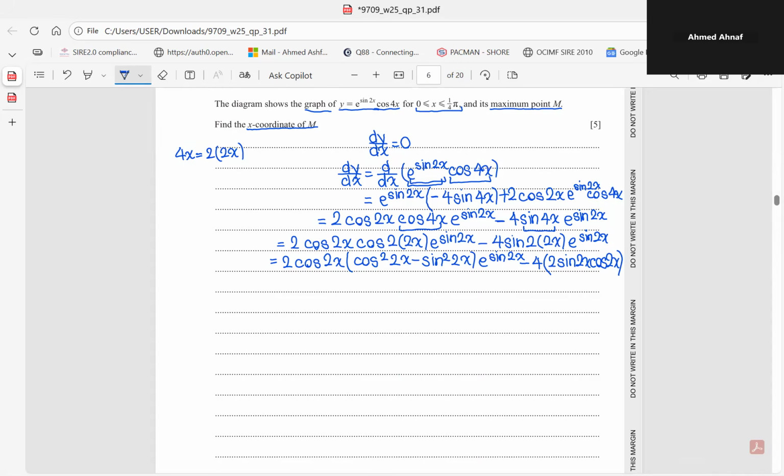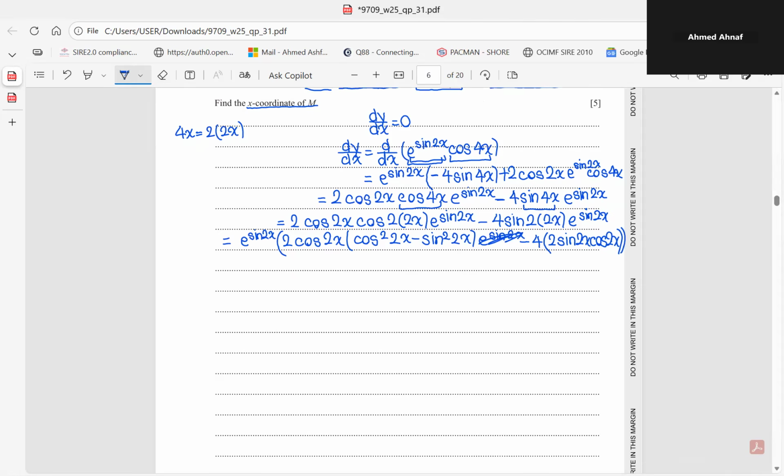Okay, and then for the e to the power of sine 2x, since it's a common factor in both of them, let's just factor it out at this point. So let's see if we can simplify these two expressions. I believe it should be possible.